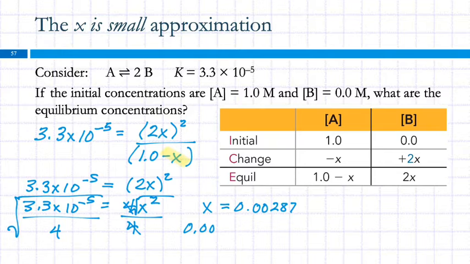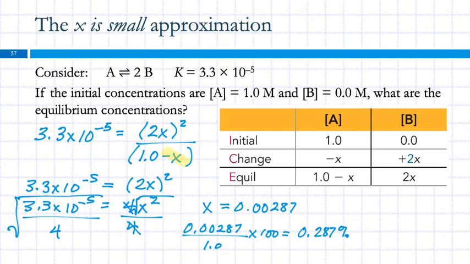So 0.00287 divided by 1 times 100 is 0.287%. It's less than 1%. And so the approximation is valid.